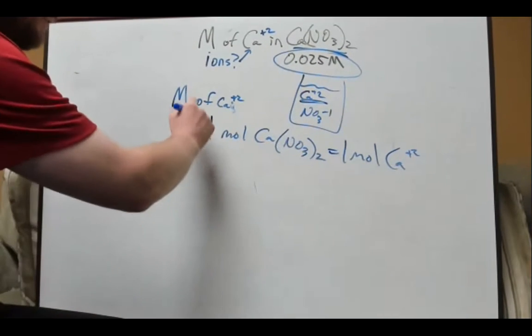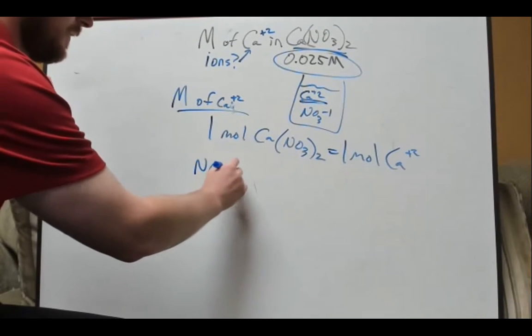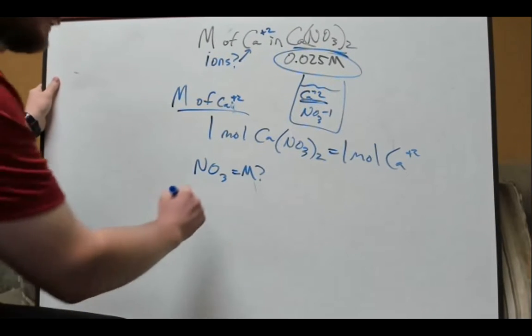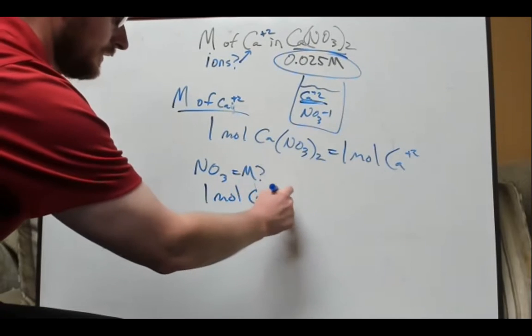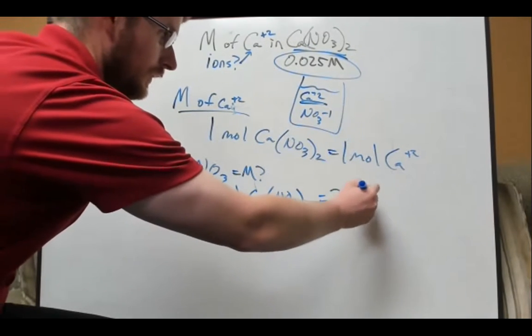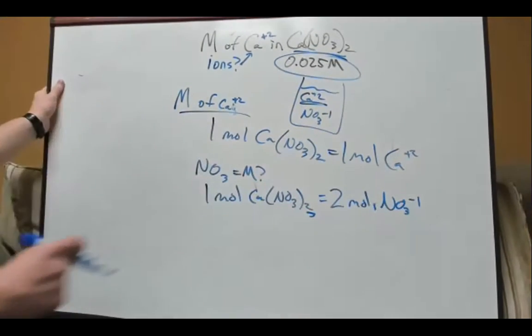So this is for calcium. Let's look at nitrate. What's the molarity of the nitrate? For every 1 mole of calcium nitrate, it's going to equal 2 moles of nitrate because of that little 2 there.